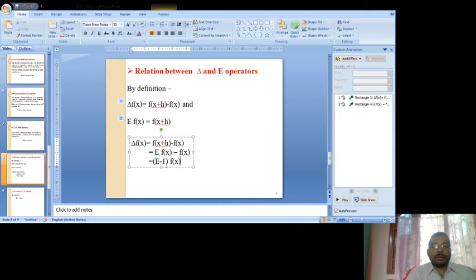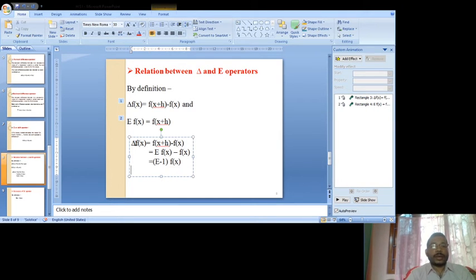Mind it, while taking f of x as a common factor, the operator E minus 1 should be placed before f of x, because the operators will be operated on the function. So the function should be written after the operators. Now in both cases, that is delta f of x and E minus 1 f of x, f of x is the common factor, so we can omit f of x.